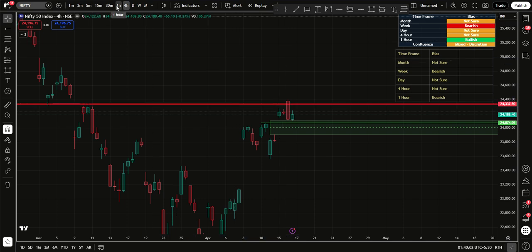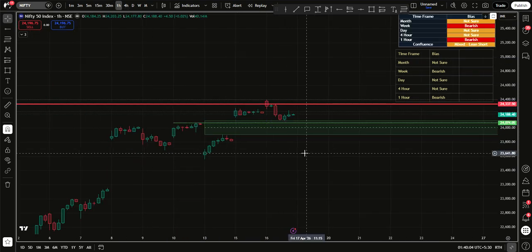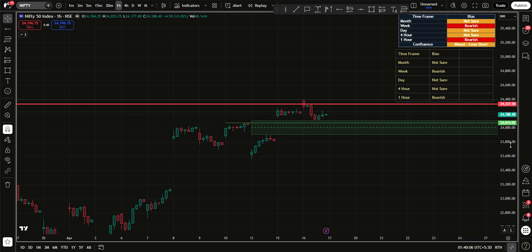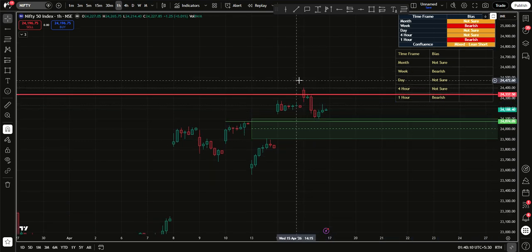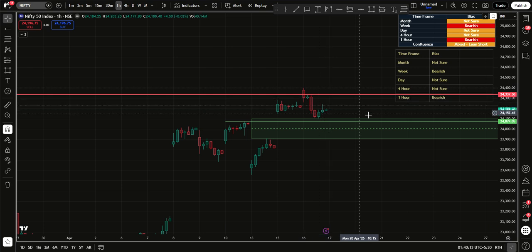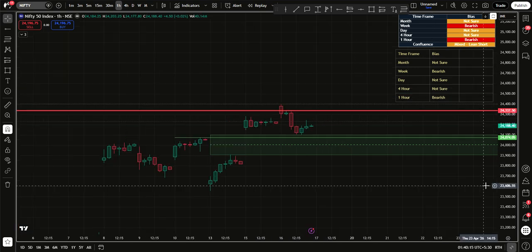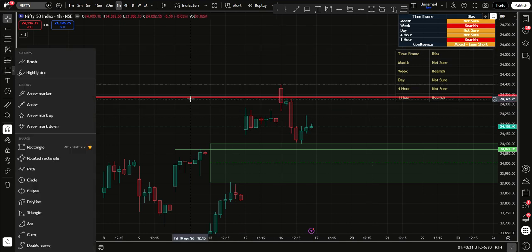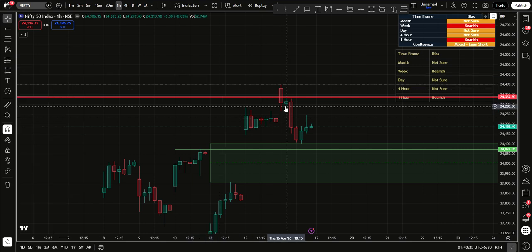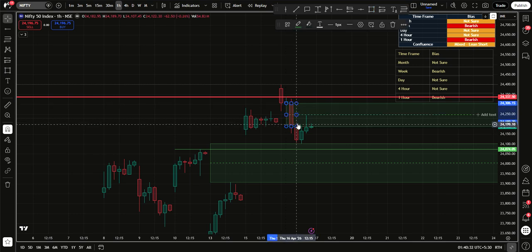And let's go to the hourly time frame. On an hourly time frame, it is bearish. This is a swing high, and then this is another swing high. Interestingly, as you can see on an hourly time frame, you had another trade here today. You see, this was a bearish fair value gap that was created.